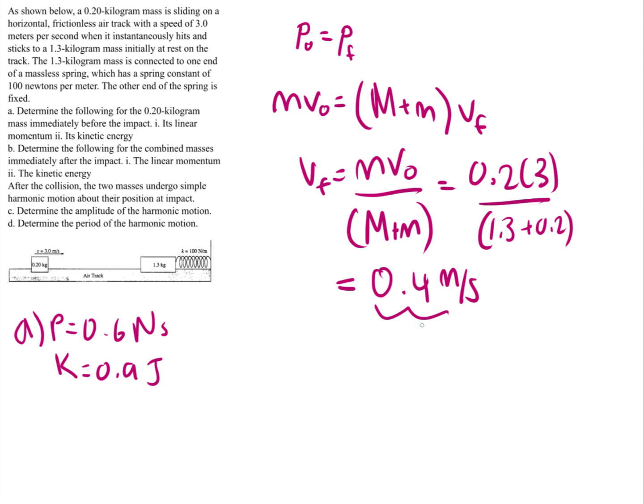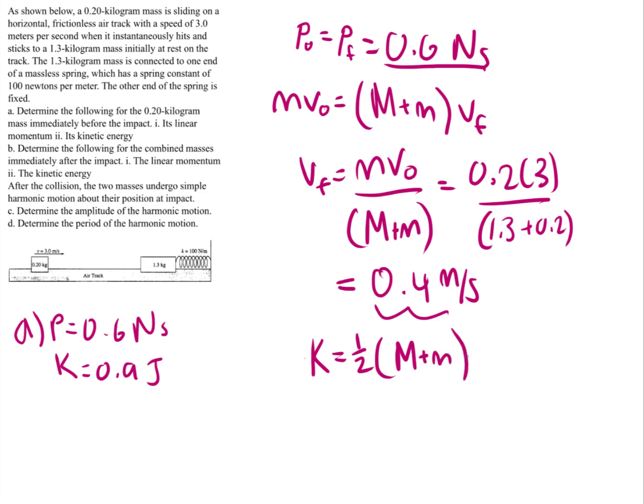We're going to use that to solve for the kinetic energy. Again, the momentum initially is equal to the momentum after, so the momentum after is still 0.6 newton seconds. Nothing has changed there. Now we can use our new velocity to solve for the kinetic energy. Kinetic energy is 1/2 mv squared.